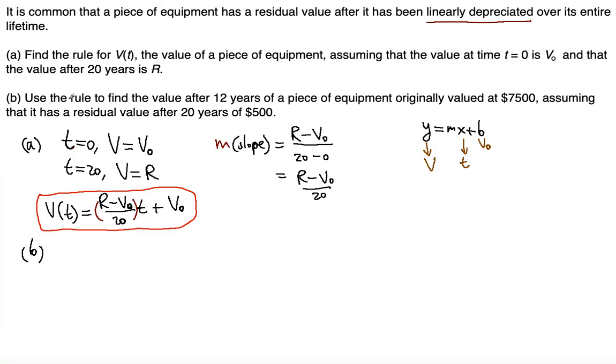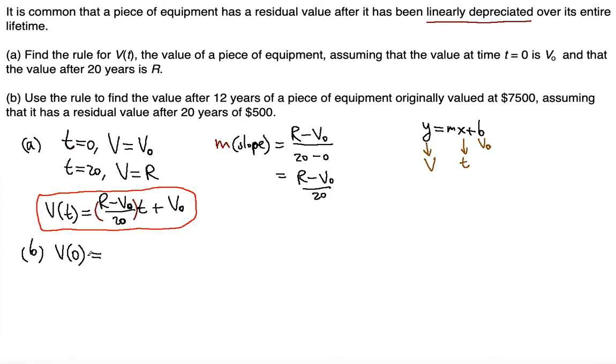Okay, use the rule to find the value after 12 years of equipment, originally valued at $7,500, assuming that it has a residual value after 20 years of $500. So here's the thing. Now v as a function of 0, the initial value, is the same thing as v subscript 0.